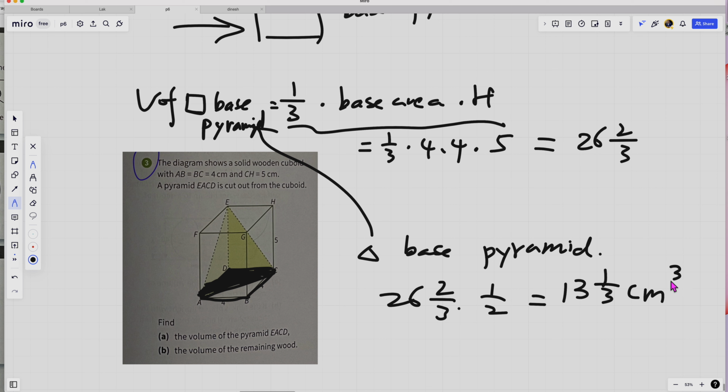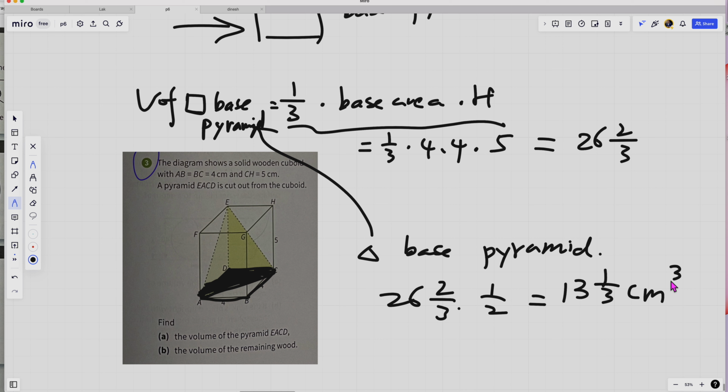That's why I asked you to note down your answer with the first approach. The first approach is 1/3 times base area times height, right? And this approach is a different approach. Why? For this approach, I still want to stick with the volume of a square base pyramid, which we are very familiar with.